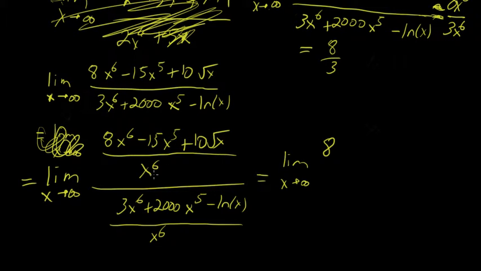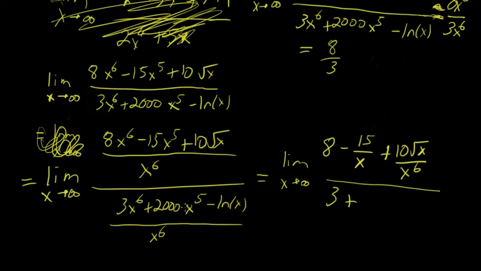Minus 15x to the 5th divided by x to the 6th becomes minus 15 over x. Plus 10 square root of x over x to the 6th. The denominator, 3x to the 6th over x to the 6th is 3. 2000x to the 5th over x to the 6th is 2000 divided by x. And minus ln of x divided by x to the 6th, we'll just write that as it is.